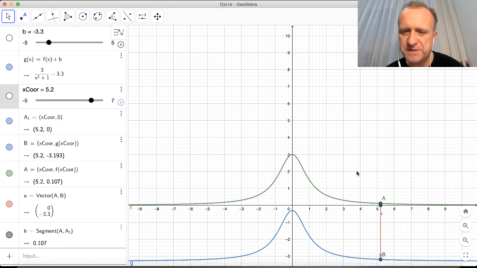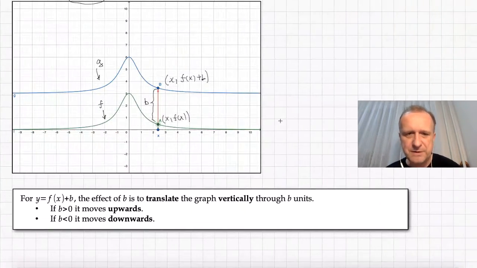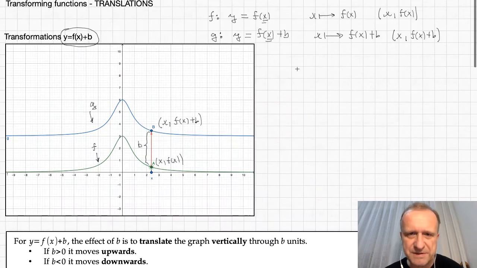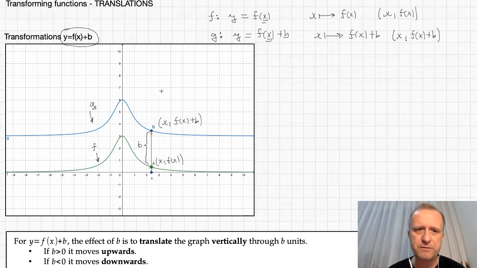This time it's translated downwards. Okay, so much about this first kind of translation. It is a general consideration, so it works for any function, not only for quadratic functions, not only for reciprocal functions, for any function you can think of.